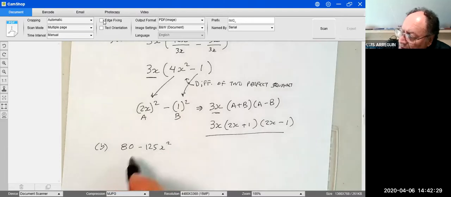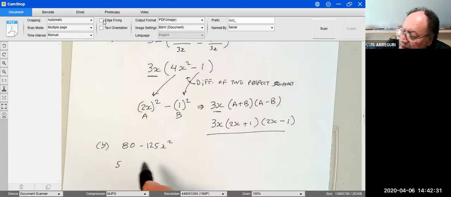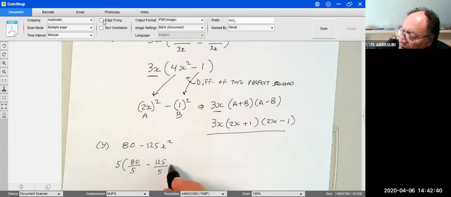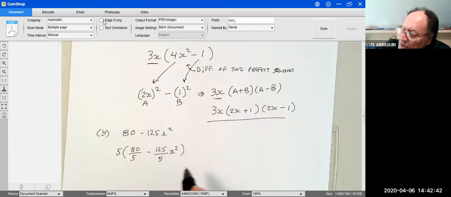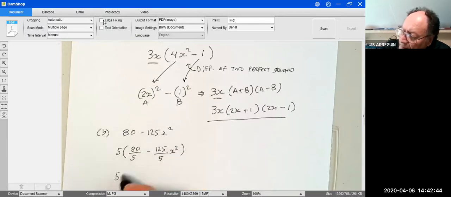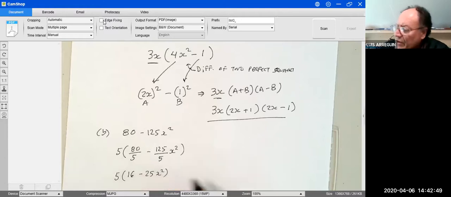So you're going to check here and you're going to see that 5 is the greatest common factor for coefficients. So we're going to have 80 over 5 minus 125 over 5x squared. So if we simplify this, we're going to get 16 minus 25x squared.